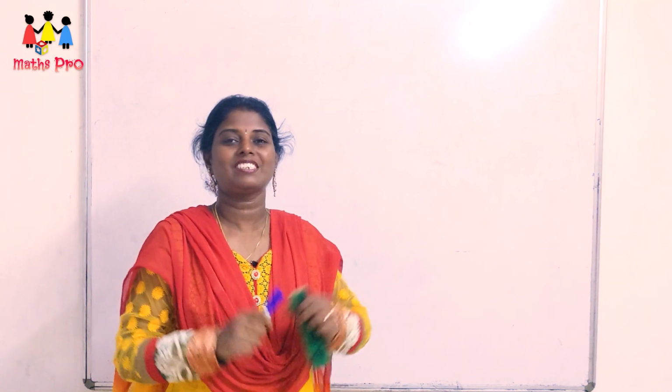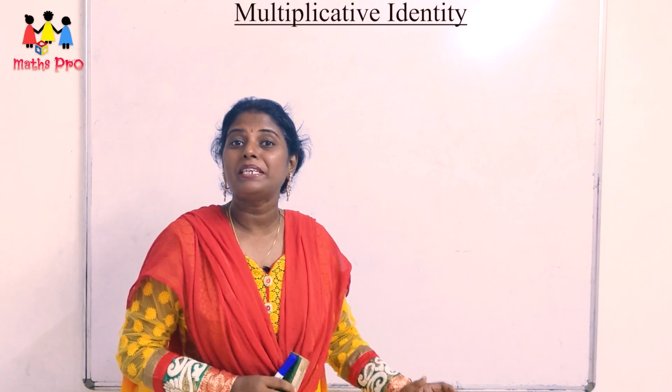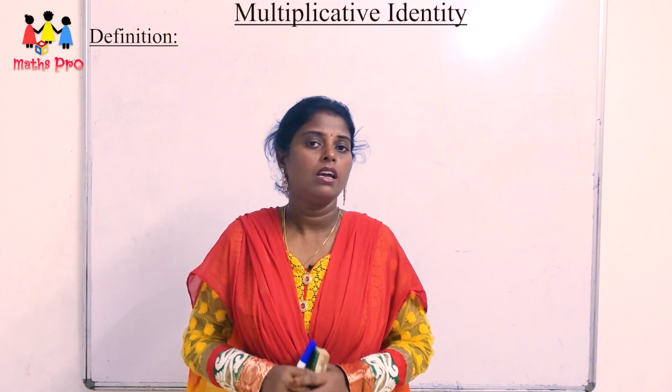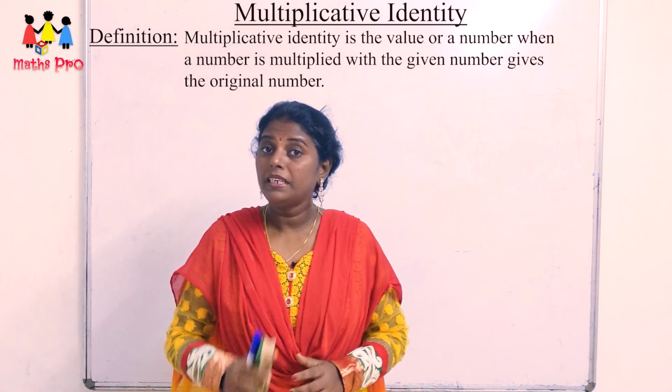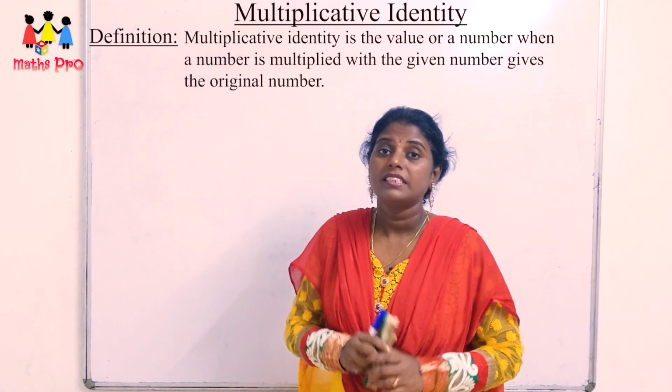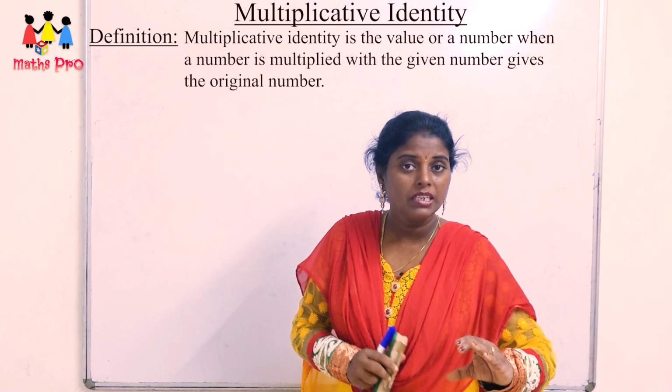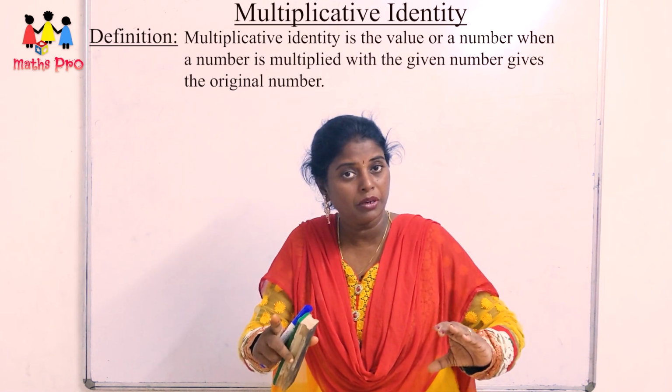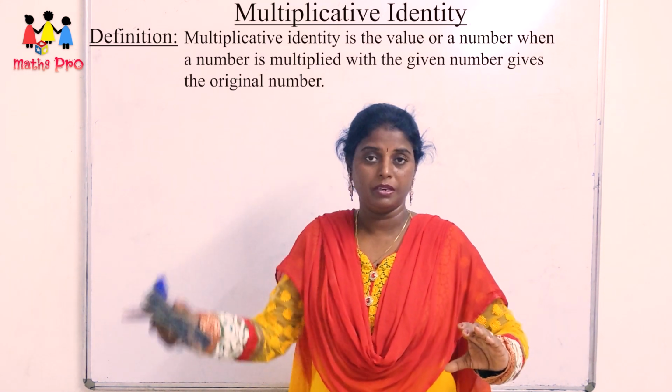Now we are going to discuss the topic multiplicative identity. By definition, the multiplicative identity is nothing but a number which, when multiplied with a number, gives the same number.